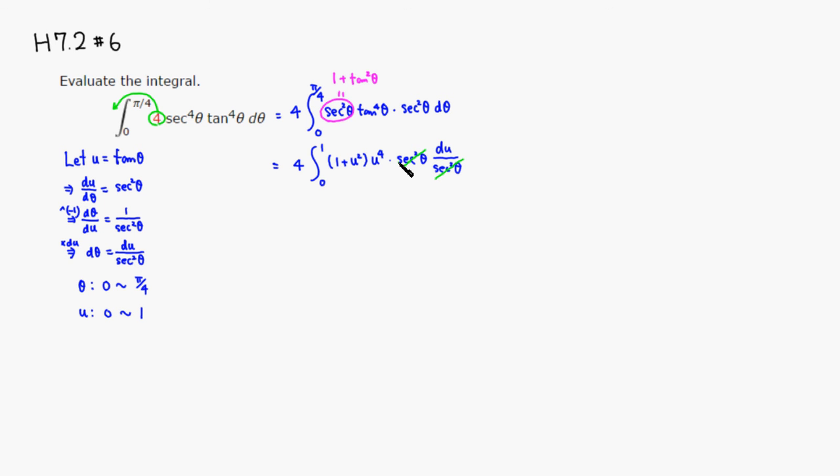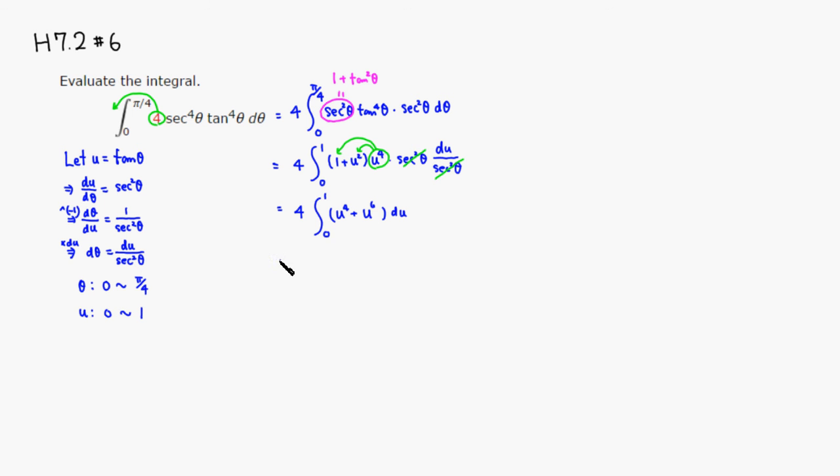Then I'm going to distribute u to the fourth to 1 and also u squared. So we get 4 times the integral from 0 to 1 of u to the fourth plus u to the 6th power with respect to u.